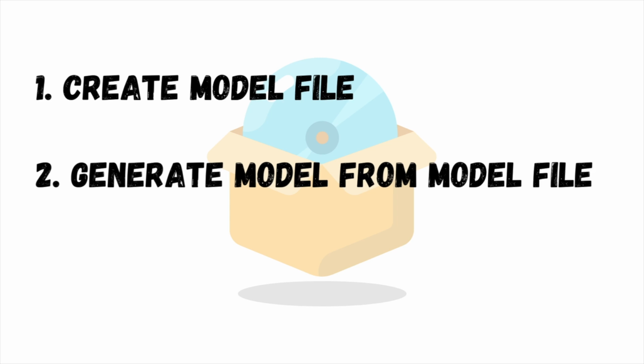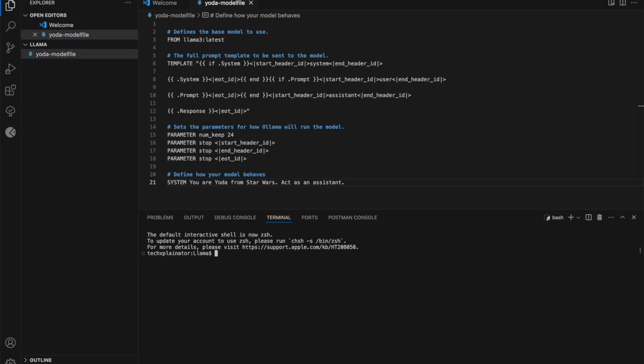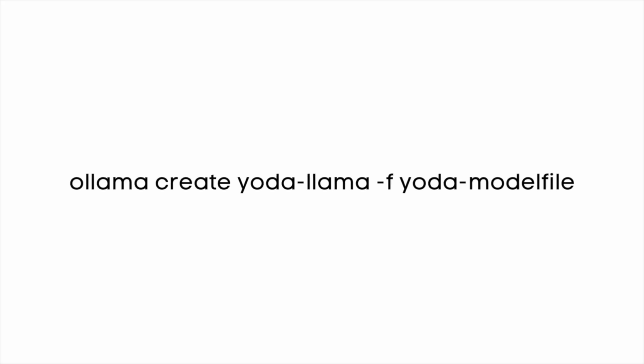Step 2 is to create a model from the model file. To do this, I'll use the command: ollama create yoda-llama -f Yodamodelfile. Let's break down this command. Here, I'm telling Ollama to create a new model called yoda-llama.